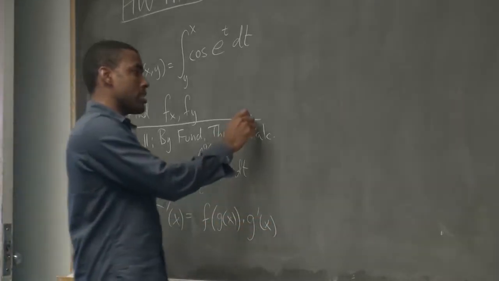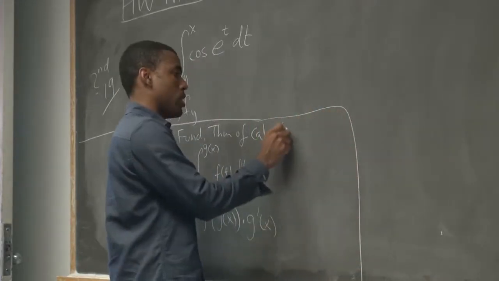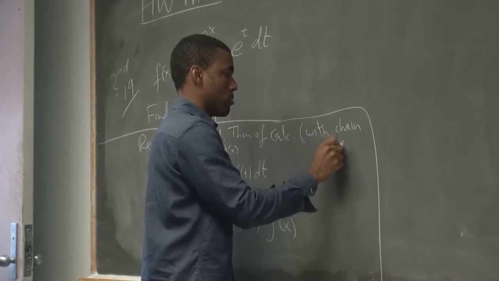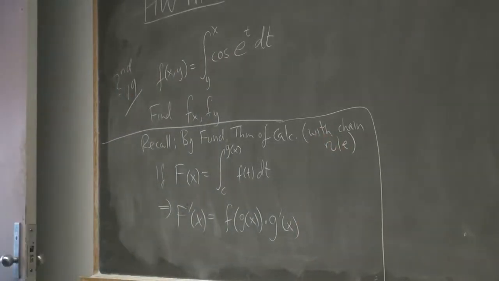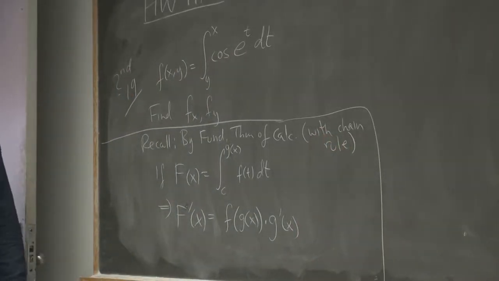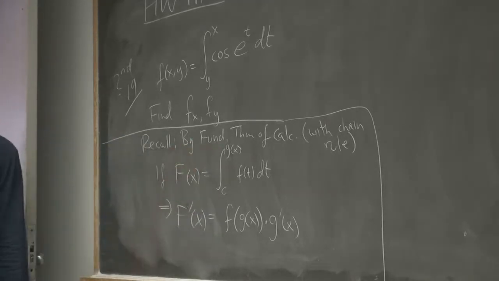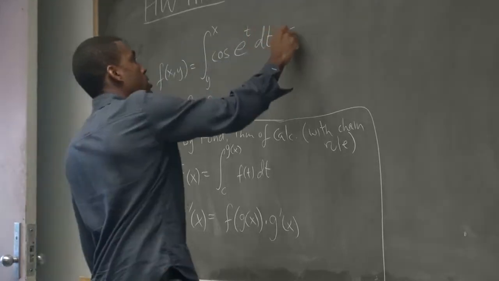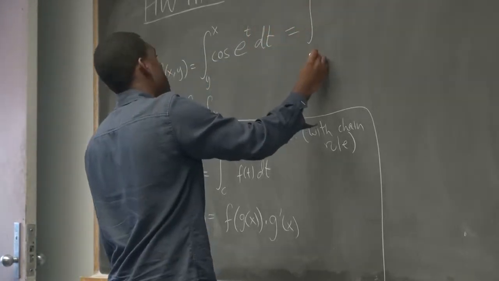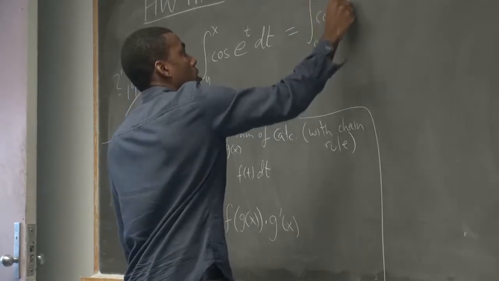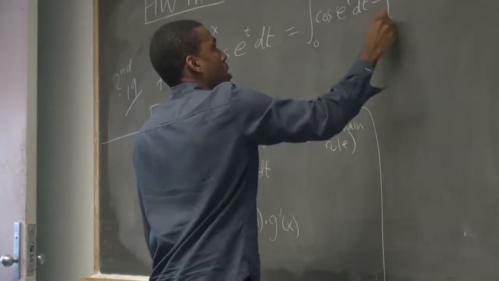This is the second fundamental theorem of calculus with chain rule built in. So basically, this is the theorem. You have to have a constant on the bottom and a function on top, which means you'd want to rewrite this as something like 0 to x minus 0 to y.